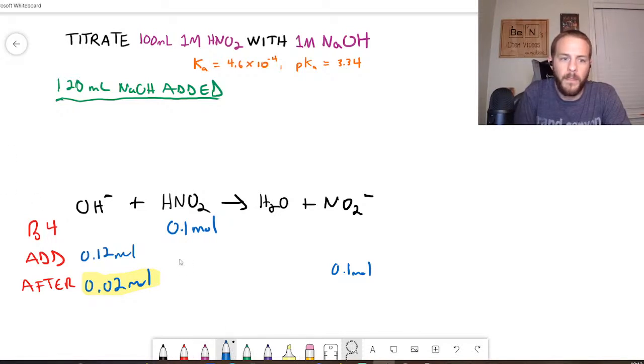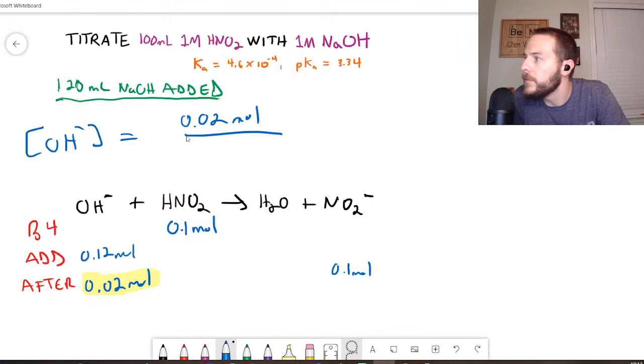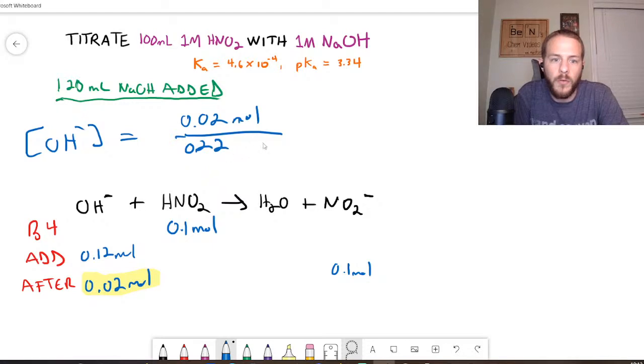So the concentration of OH minus is going to be 0.02 moles of it divided by the total volume, right? Total volume would be the 100 milliliters that we had initially plus the 120 milliliters of sodium hydroxide that we threw in. That would be 220 milliliters, and that's 0.220 liters.